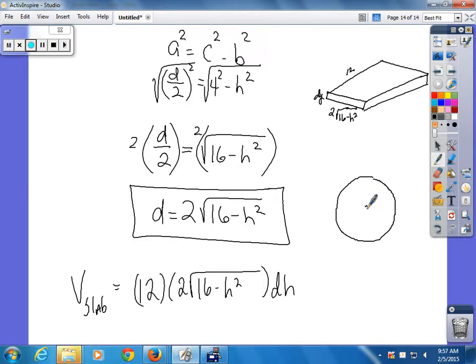If your radius is 4, and if this is 0 to 4, what can you put for this? -4 to 0. So you have to think of it like that. That's what gets you on the inverted tank, is this right here.